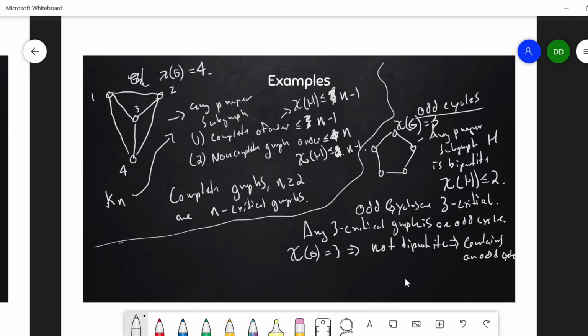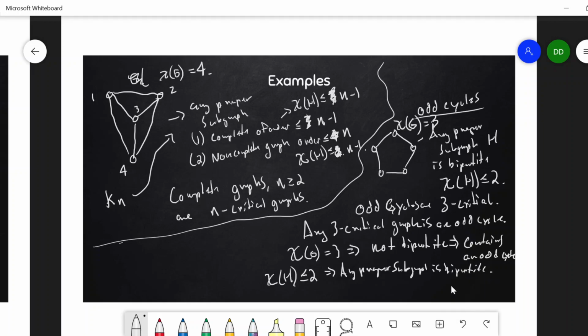But what's more, since it's 3-critical, that means any proper subgraph has chromatic number at most 2. So chi of H less than or equal to 2 implies that any proper subgraph is bipartite.